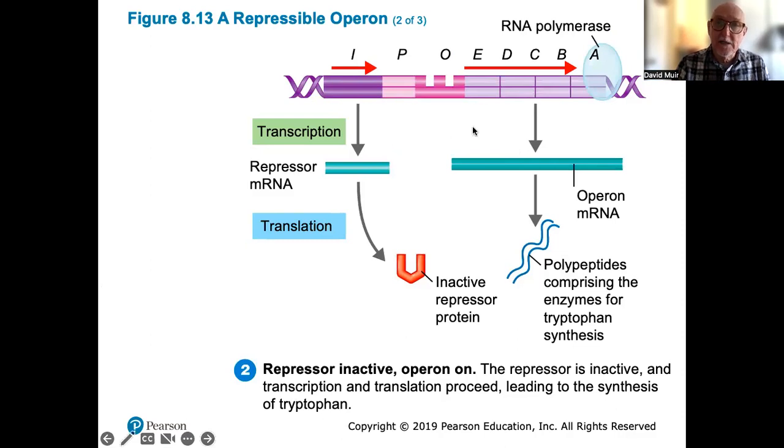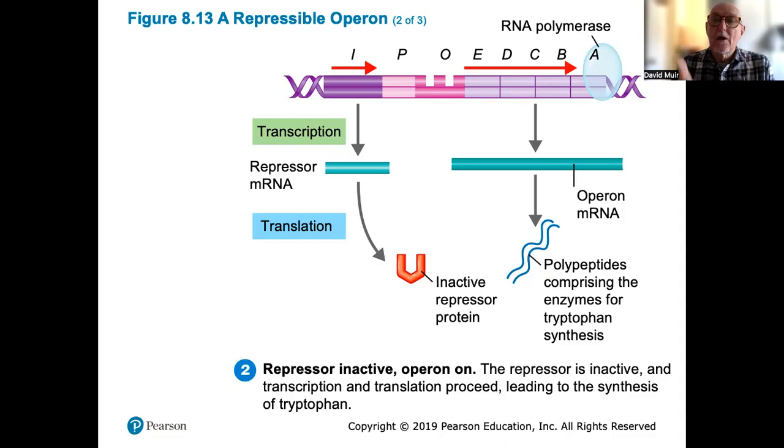Again, memorize the structure and realize that here is the area of the genome which is going to be transcribed to form a repressor protein. But that repressor protein remains inactive, and the gene runs continuously. The messenger RNA is read off continuously. Here are the messenger RNA strands which end up being translated into a whole suite of enzymes which are responsible for the synthesis and transport and all sorts of other things of tryptophan.